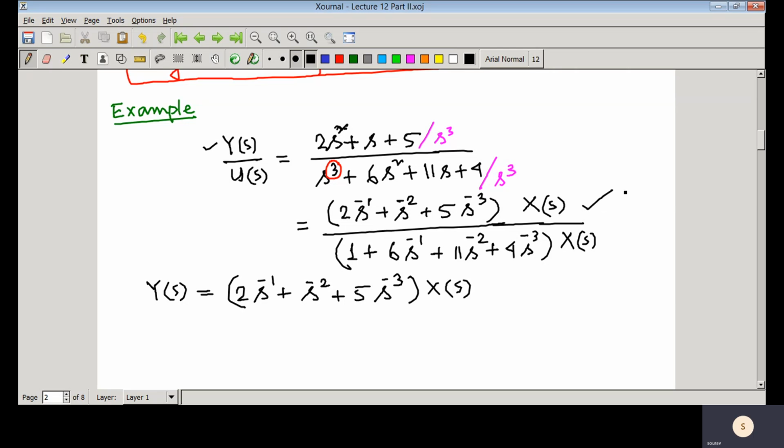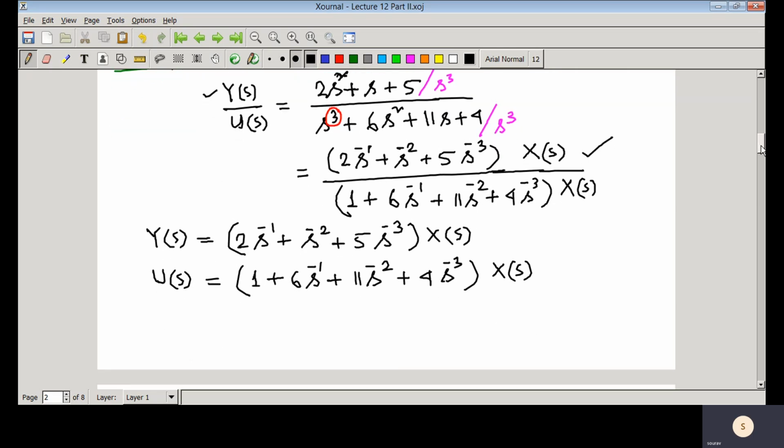If you equate the denominator, you have U(s) equal to 1 plus 6s to the power minus 1, 11s to the power minus 2 plus 4s to the power minus 3, X(s). So we have two algebraic equations.